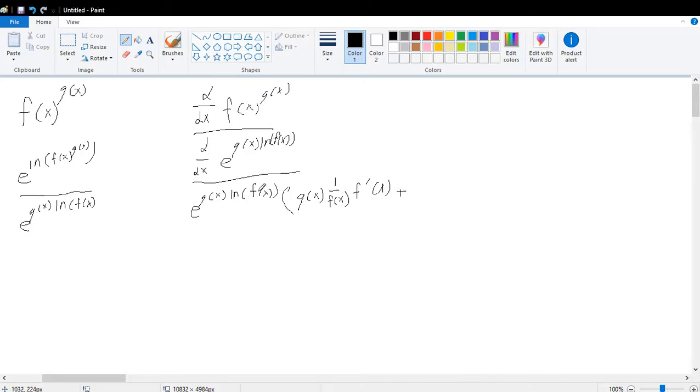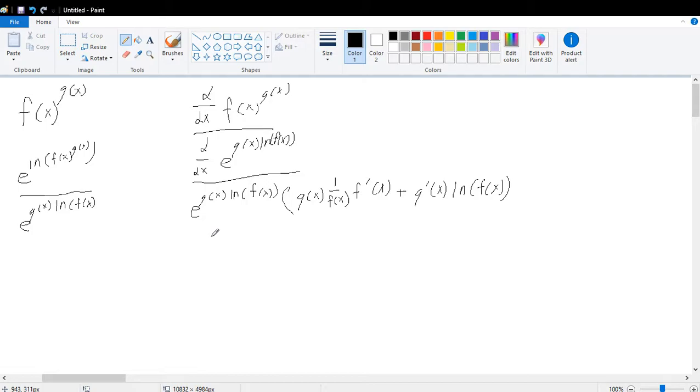And we add, because this is still the product rule, g prime of x, because now we're taking the derivative of the first part of the product, times, we leave this one alone, so that just stays ln of f of x.